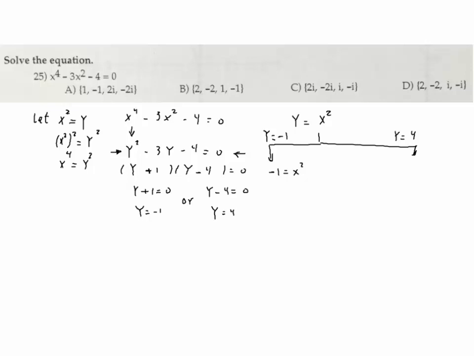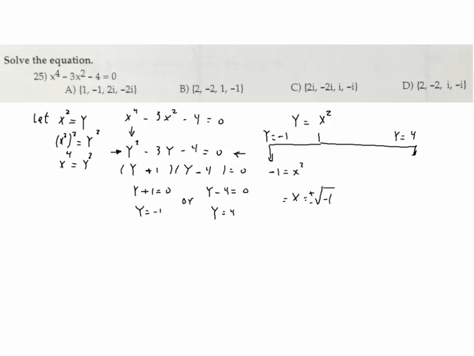We have x squared is equal to minus 1. How do you solve for x? Anybody with the mic? You take the square root of negative 1. So, very good. So x would be equal to plus and minus, right? Square root of negative 1.